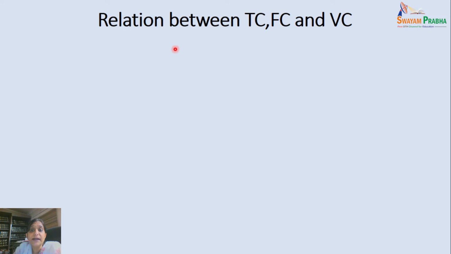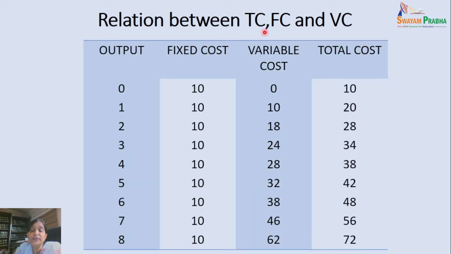So, let us understand the relationship between these three costs: total cost, total fixed cost, and total variable cost, with the help of this table which I have made. We have already said that total cost is the sum of fixed cost and variable cost. What do we see here? I have put various levels of output here in the first column. Fixed cost: from 0 to 8 level of output, the fixed cost is fixed.